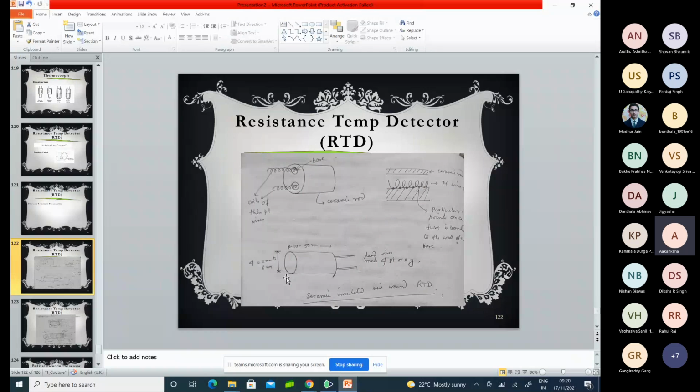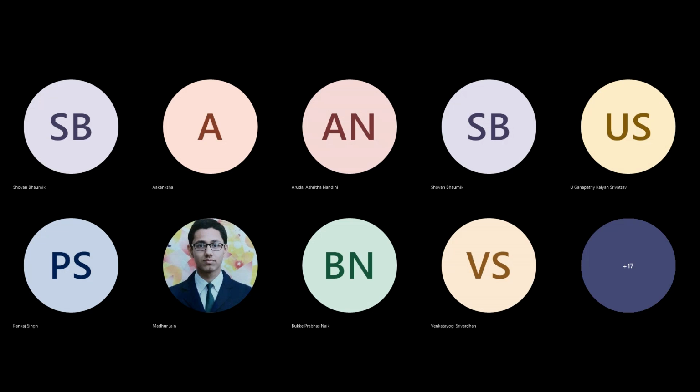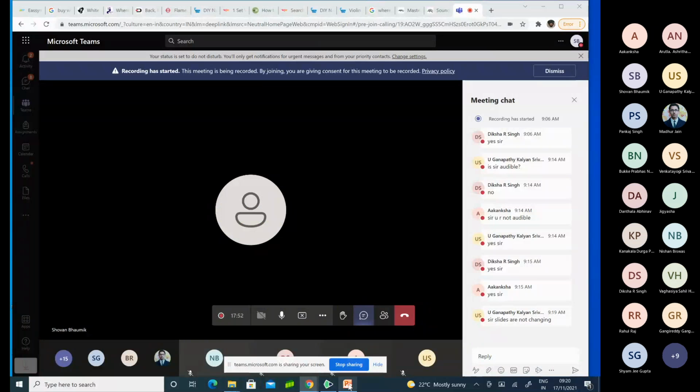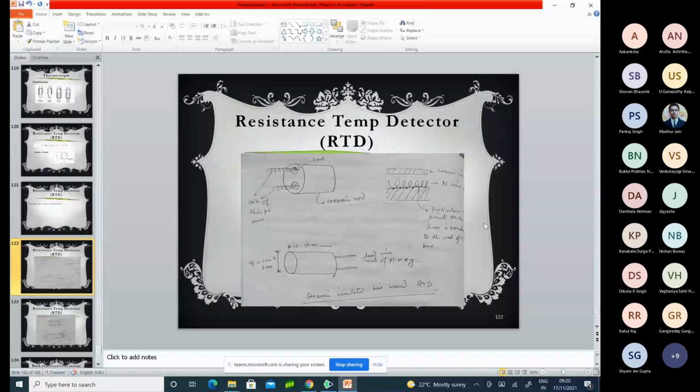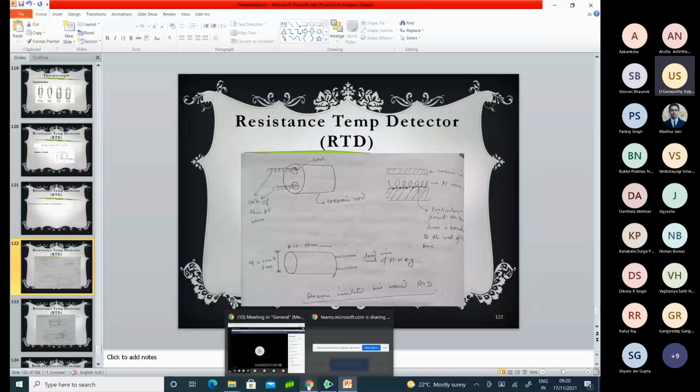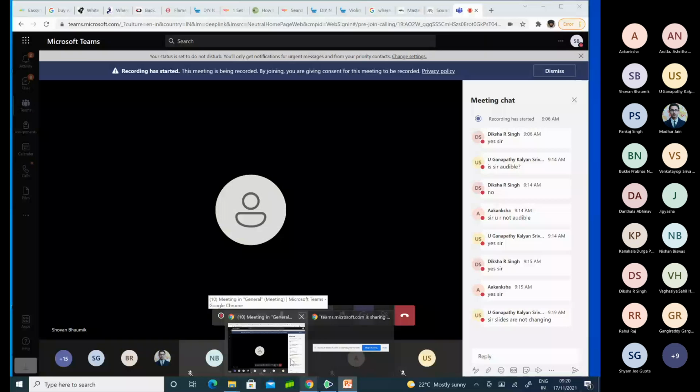Let me stop sharing and share again. These slides are not changing. This is a Teams problem, not an internet problem. Now can you see 122? No, sir. I am logging out, then logging in.